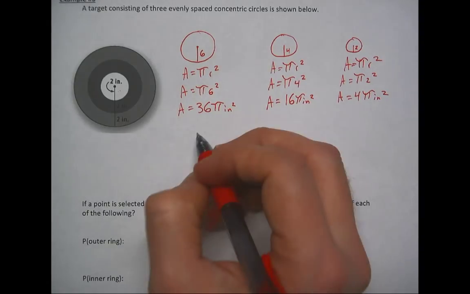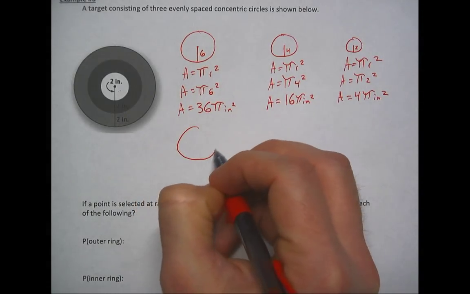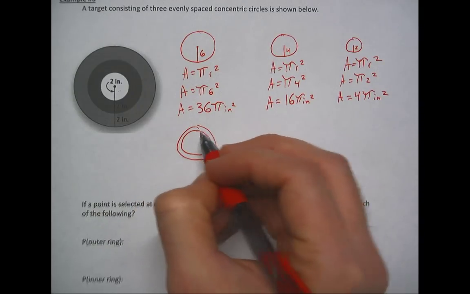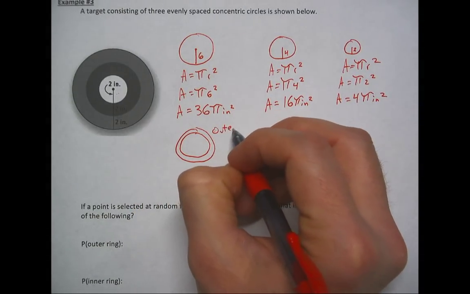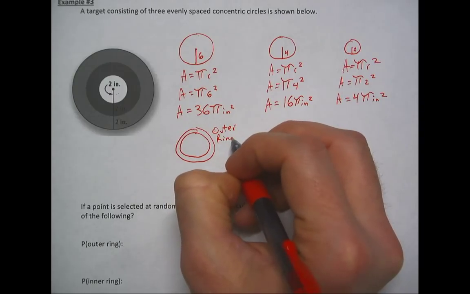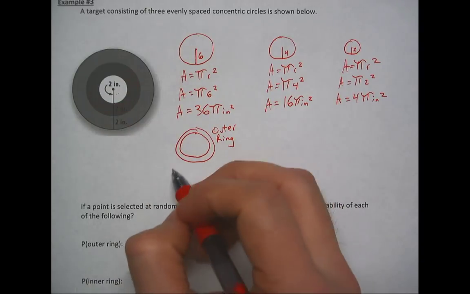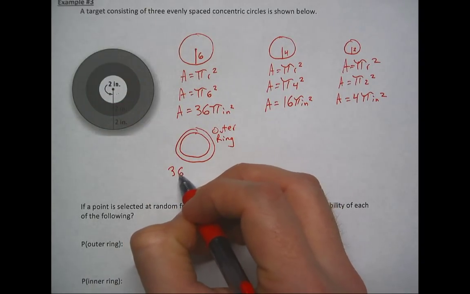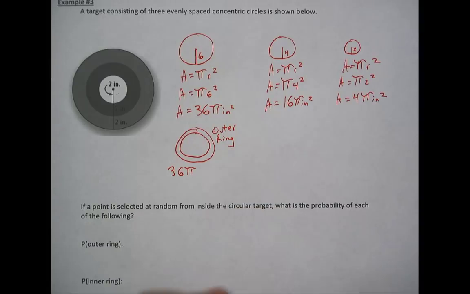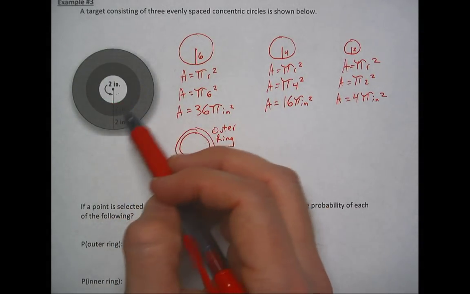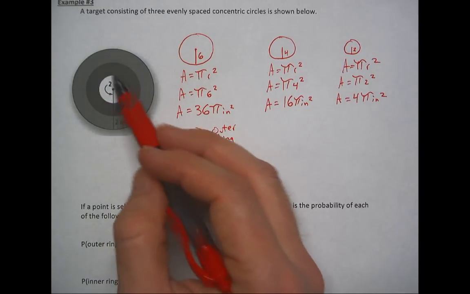So what we have to do, so this is your big outer ring. We're going to label this nicely. If we want to find the area of the outer ring, we take the area of the whole thing, which is 36 pi. And we're going to cut out or eliminate this inner circle, not just the little one, but this whole part.